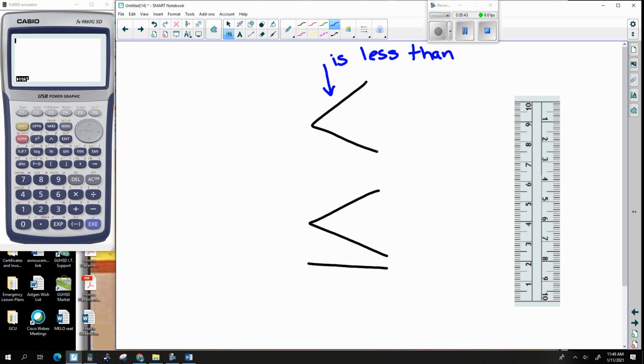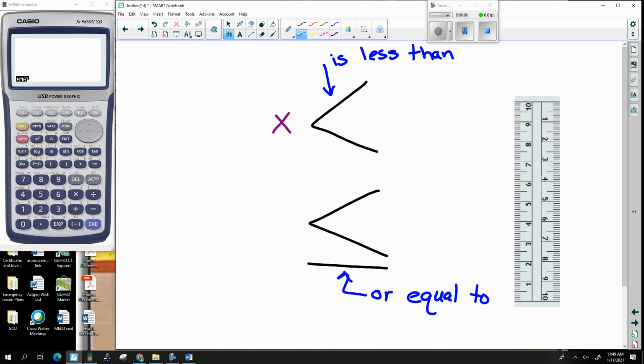So the alligator-looking thing is called is less than. What this bar does is put a caveat onto it that says or equal to. So you would technically say this lower symbol is is less than or equal to.